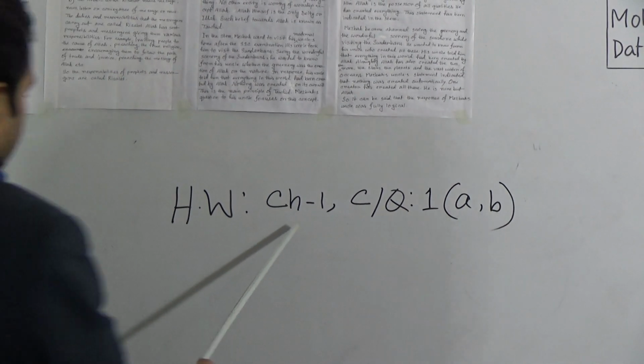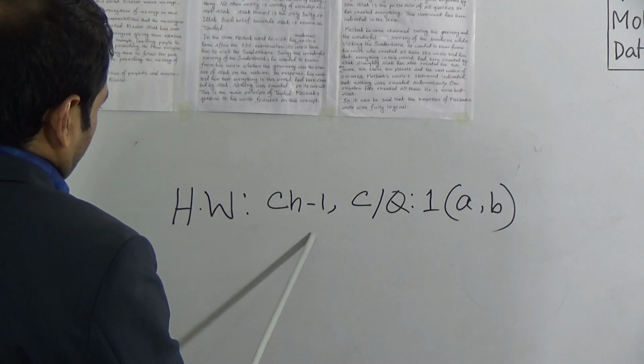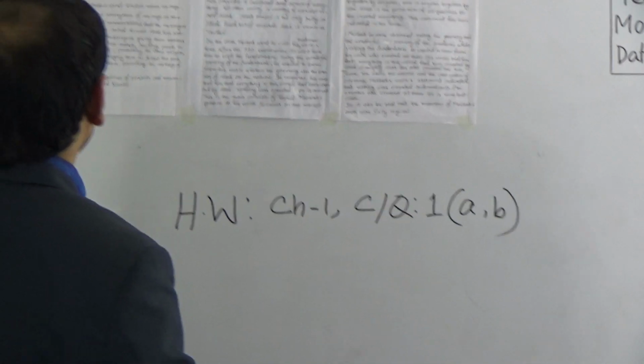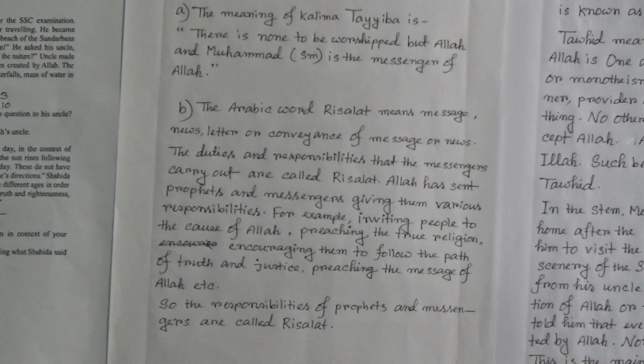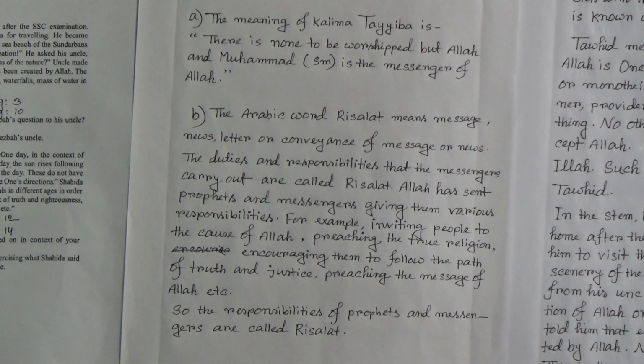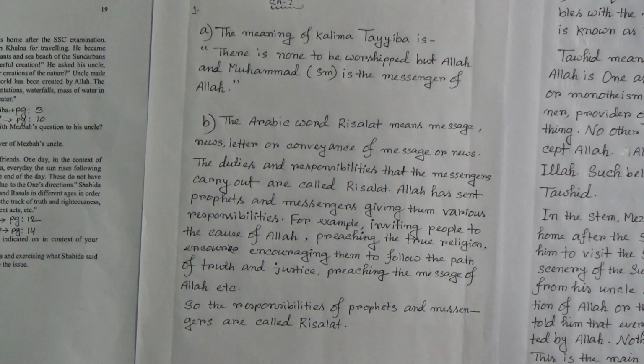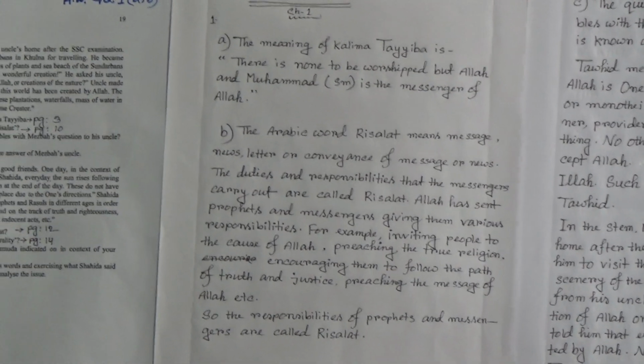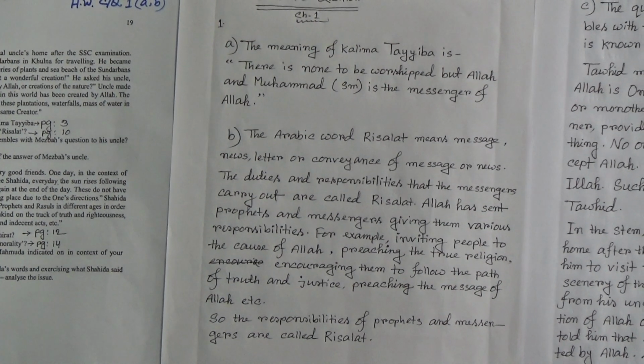My dear students, now your SW. Your SW topic will be chapter 1, creative question 1, A and B. That means you will write question number A and B, not C and D. C and D, you will learn. You will learn all the questions properly and write A and B as your homework.